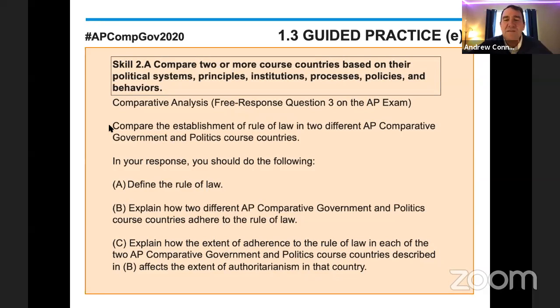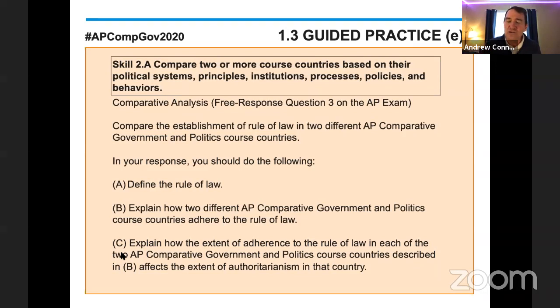Explain how 2 different AP Comparative Government and Politics course countries adhere to the rule of law, and explain how the extent of adherence to the rule of law in each of the 2 course countries described in B affects the extent of authoritarianism in that country. So I really like this question because I think it shows just a really straightforward way of asking students about a concept. You have to compare countries in this case.